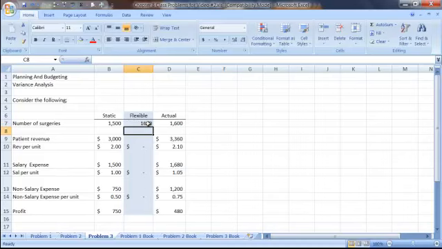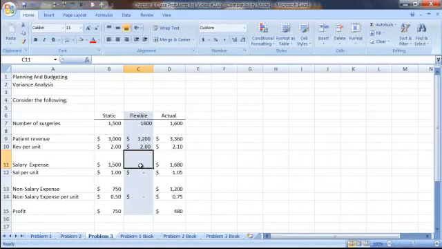Now, this has to be the patient revenue, which would be the actual number of surgeries times the standard, or the static budget, revenue per unit. So we take the actual number of surgeries and multiply it by what we thought we would be getting. That gives us this as patient revenue.